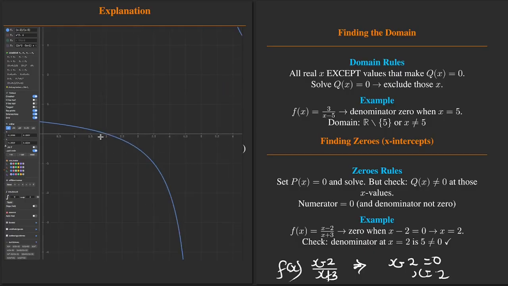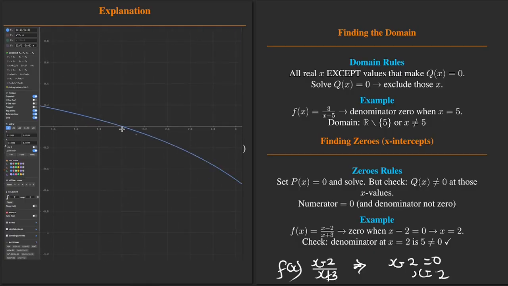If I zoom in, you realize that the line touches at this point. And this coordinate is 2, 0. At that particular point, the function evaluates to 0, or y equals 0. Or you can even call it the x-intercept. You see, so this is what it means graphically.